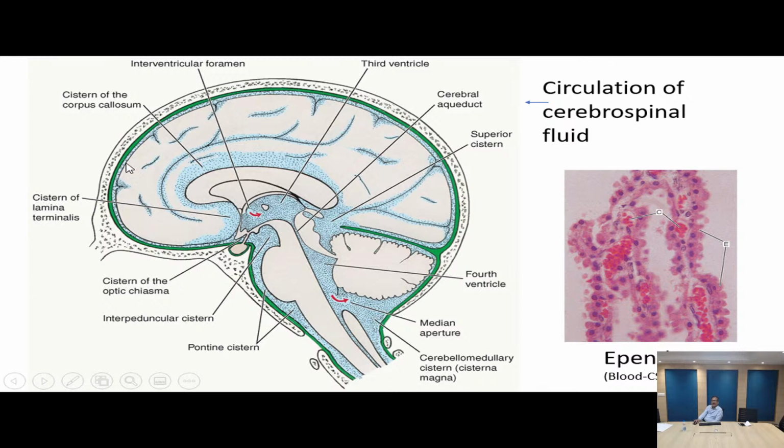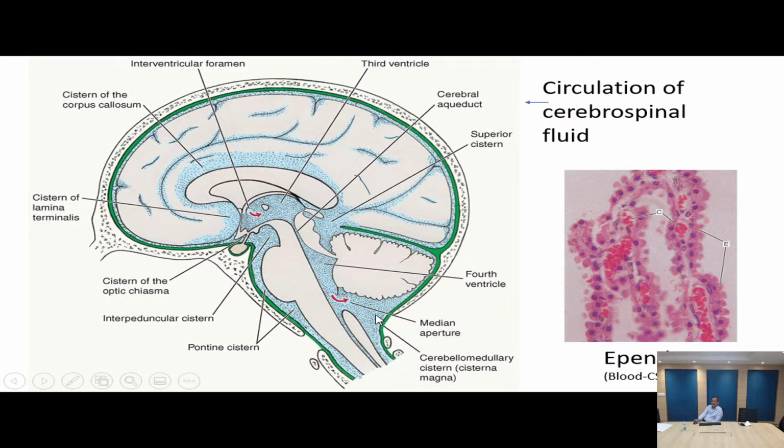After coming out of the brain, it encircles the whole brain. You can think of the brain as floating in the ocean of CSF. So the CSF which was within the brain has now come outside the brain, and we have something known as the circulation of CSF. You must be familiar with the circulation of the CSF.